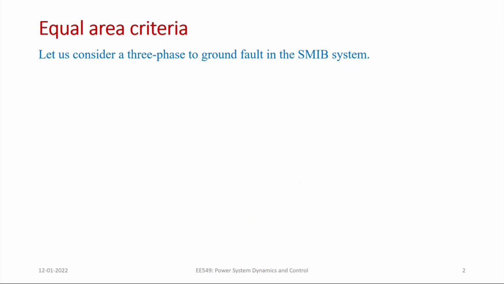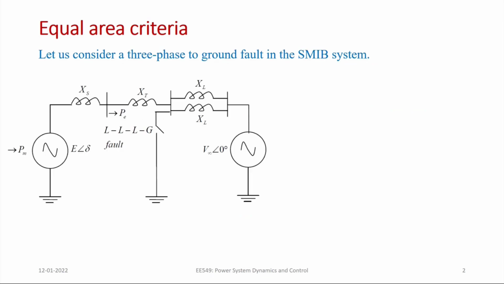So let us consider this system, a single machine infinite bus system. Here Pm is the mechanical power input to the synchronous generator, and this is constant as per our assumption. E∠delta is the internal EMF, and delta is the rotor angle.